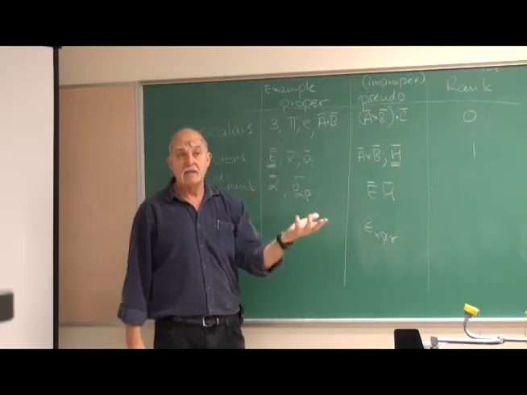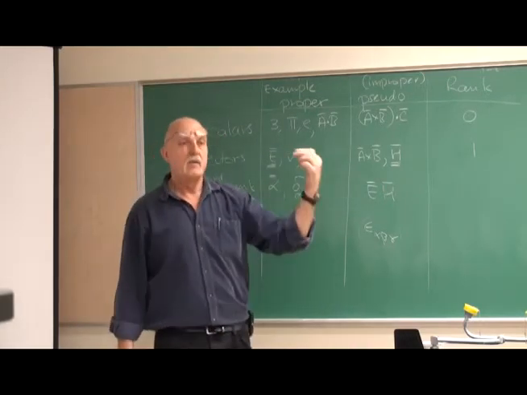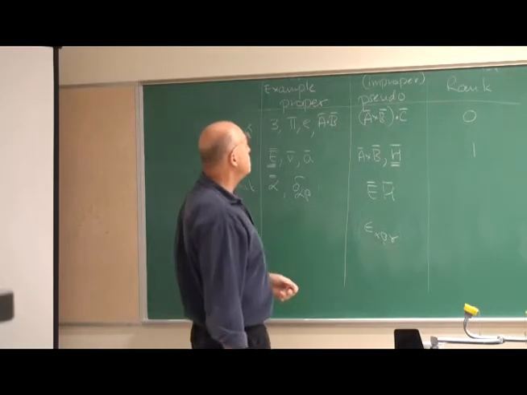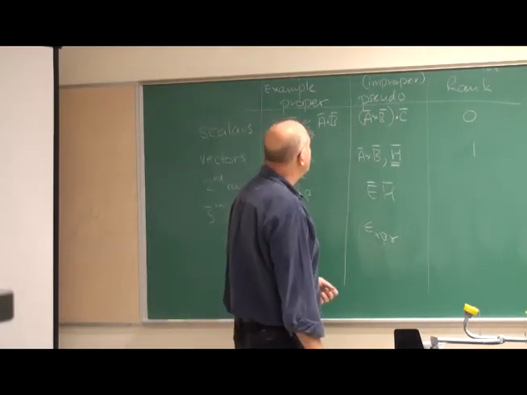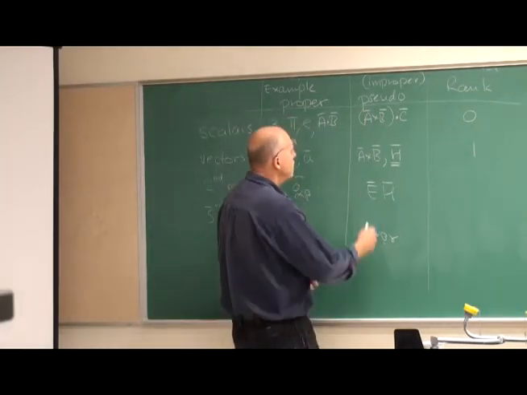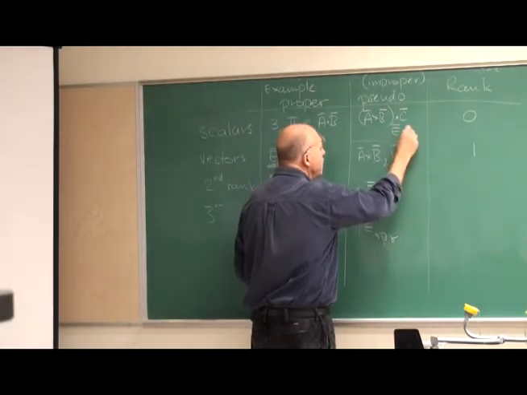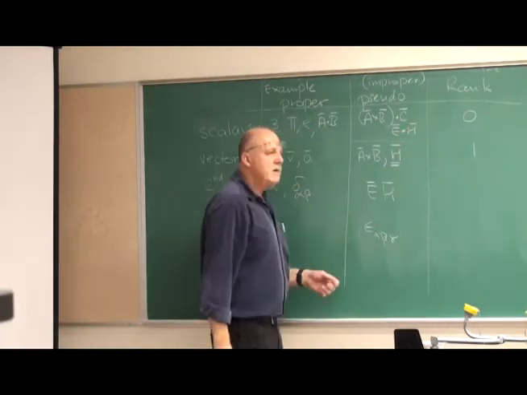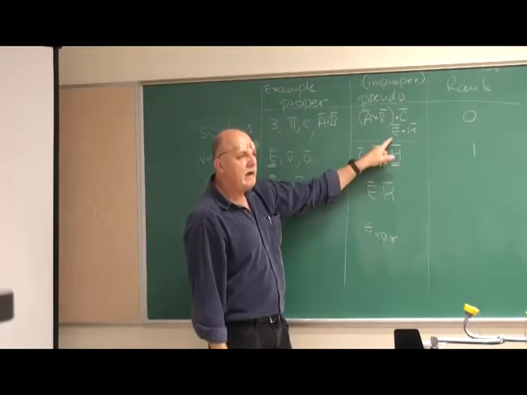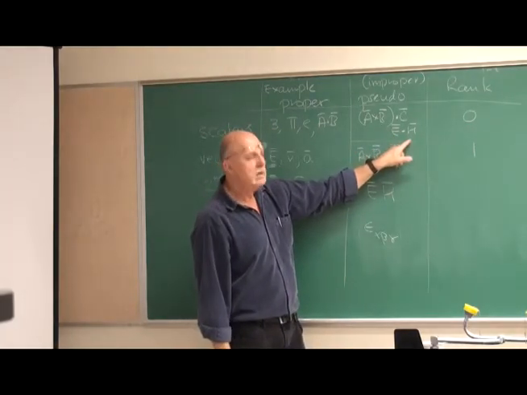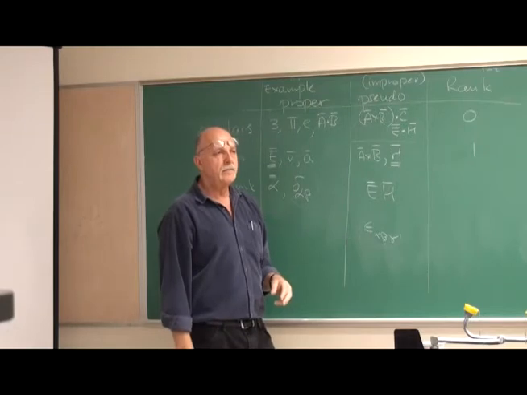So you can have scalars, just pure numbers, that will change sign when you change the coordinate system. Okay? Another example would be E, the electric field, dot H. So here we have a proper vector and a pseudo vector making a scalar.